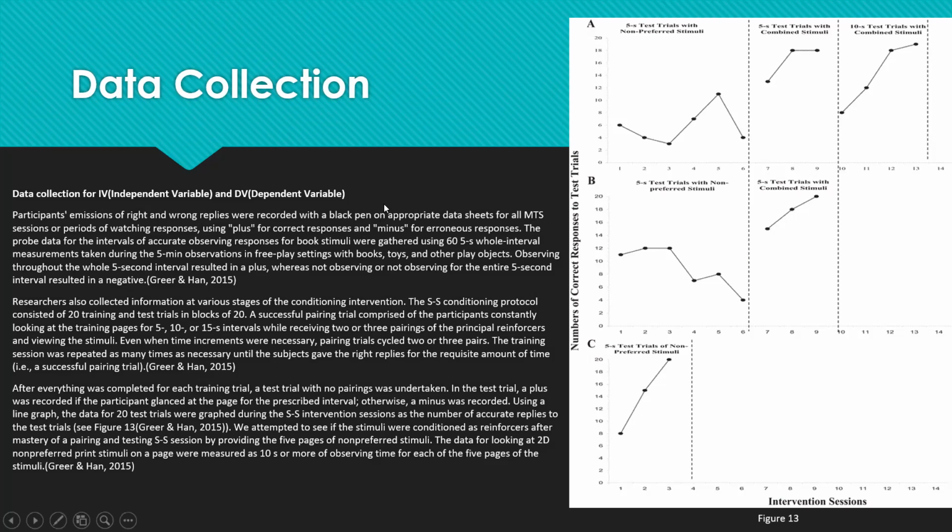Next, this is participants A, B, and C, with intervention sessions along the bottom and the number of correct responses to test trials. It goes up with increasing intervention sessions because they're reinforcing the 2D stimuli for learning.